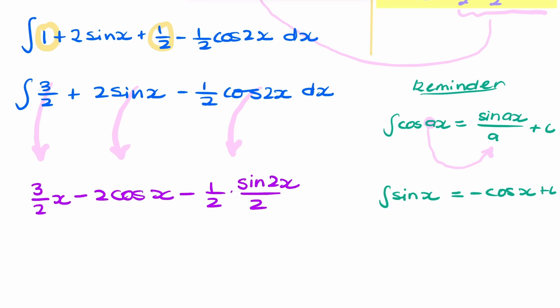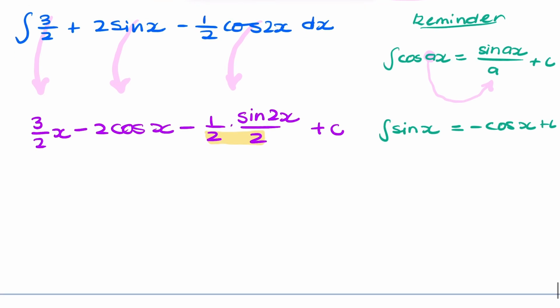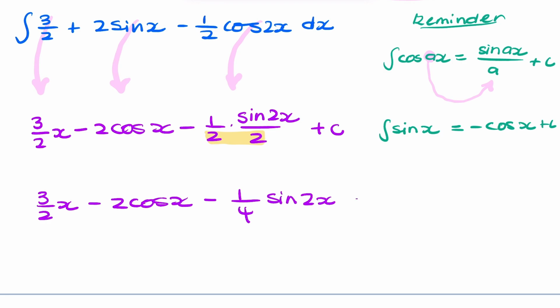So that's this 2 there, plus c. And finally, before you give your final answer, you multiply these two because they're both in the denominator. So your final answer would be 3/2 x minus 2 cosine x minus 1/4 sine 2x plus c. That there would be your final answer.